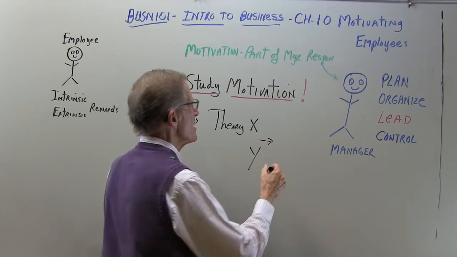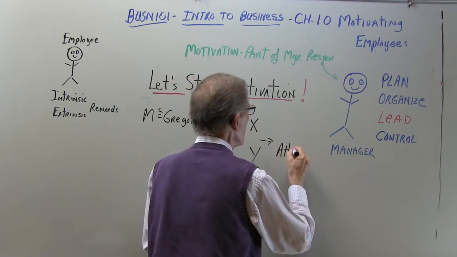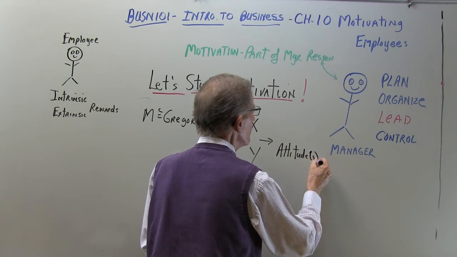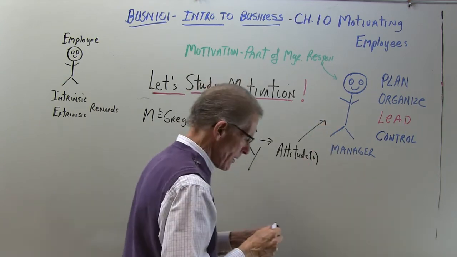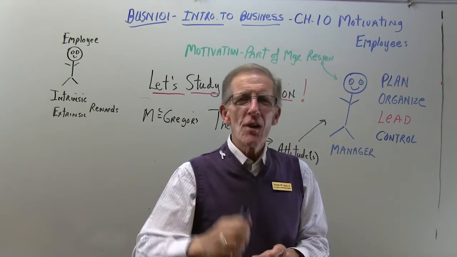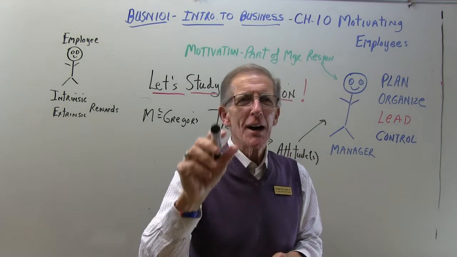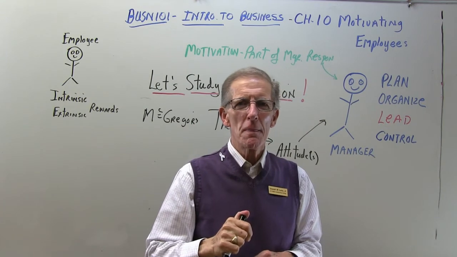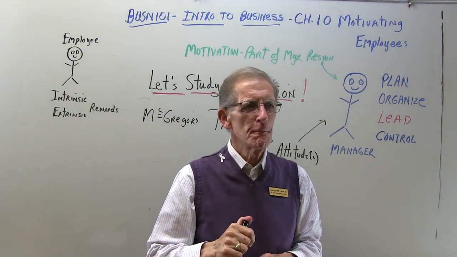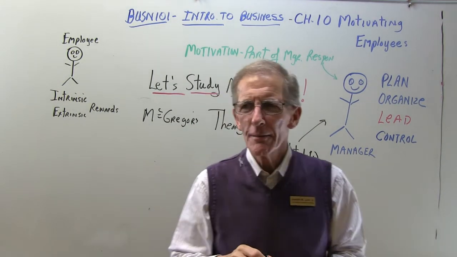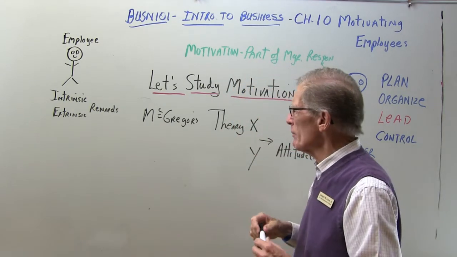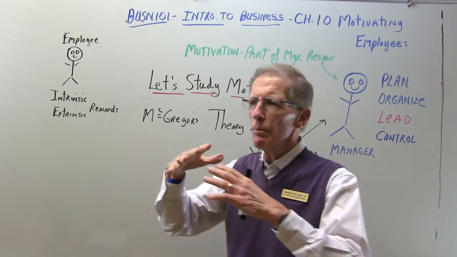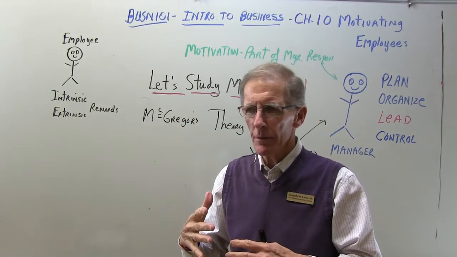McGregor was studying the attitudes of managers. Does the attitude that a manager has have anything to do with how well employees are being motivated? That's a good study. And so here's what McGregor did. He divided managers into two basic types of attitudes that he found.